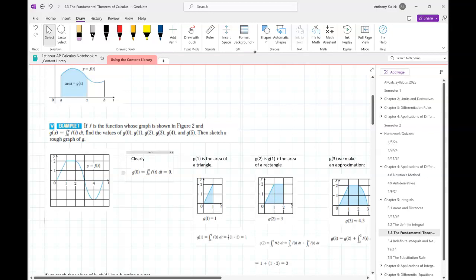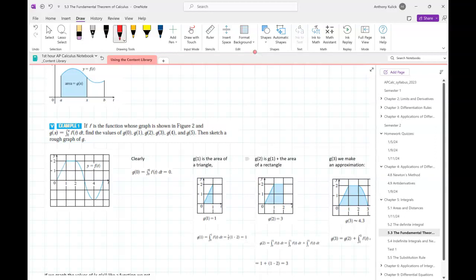So g of 0, well, clearly that's the integral from 0 to 0. We know that that's 0 because there's basically a rectangle with 0 width. So 0 to 1 is like this part right here. Well, that's just a triangle. The width of that triangle is 1, and the height of that triangle is 2. So 1/2 base times height gives us an area of 1.